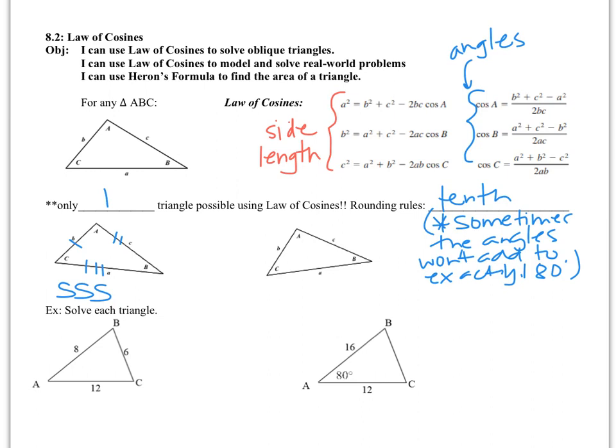The other situation is if you have two sides and an angle in between. So that's side, angle, side, different from side, side, angle in day one. What this will help you do is find the length of that opposite side using the formulas in red up above. We'll look at one of each type of example.